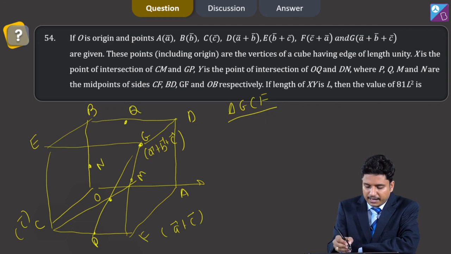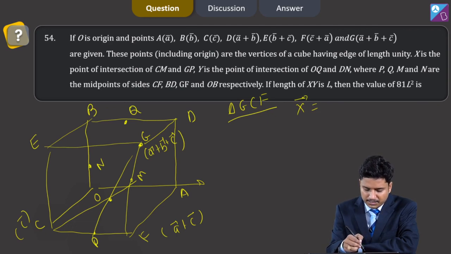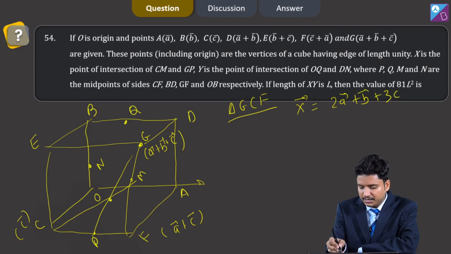So X will be equal to (A plus B plus C plus C plus A plus C) by 3, that is 2A plus B plus 3C. C is present 3 times and B only once. So 2A plus B plus 3C by 3, this is your X.